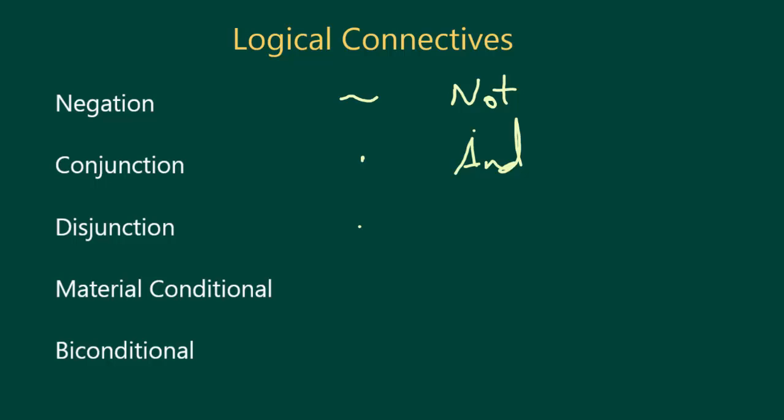We have disjunction, and we use the wedge, which looks like a lowercase v, and that roughly corresponds to or. For the material conditional, we have the horseshoe, and that roughly corresponds to if, then.